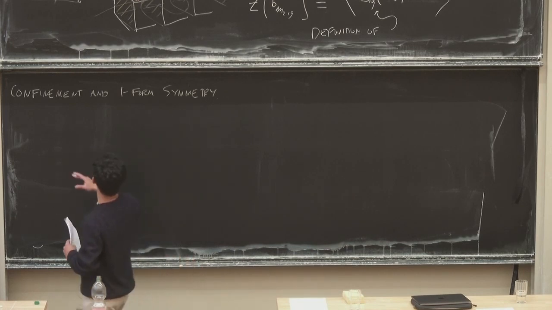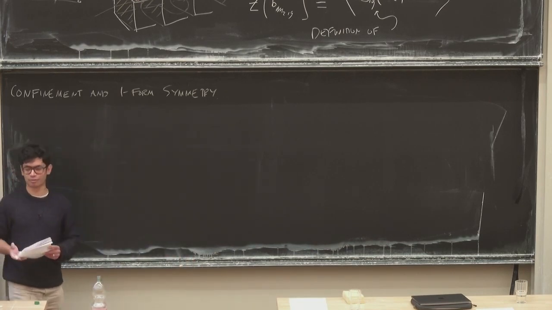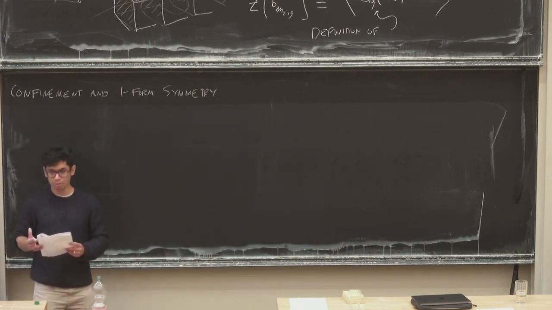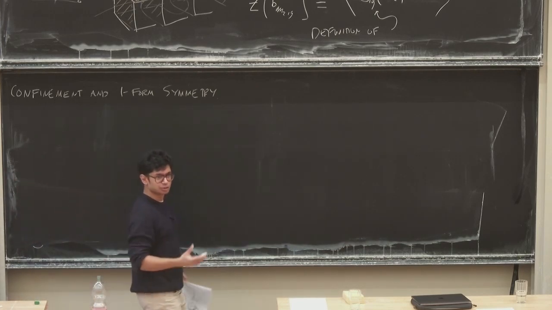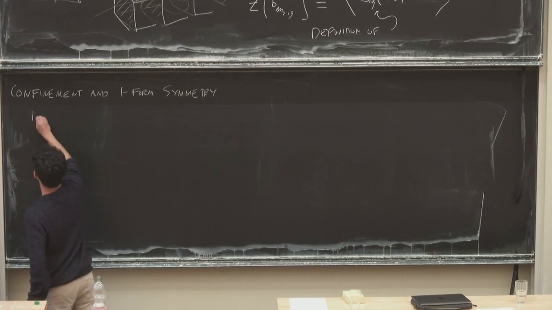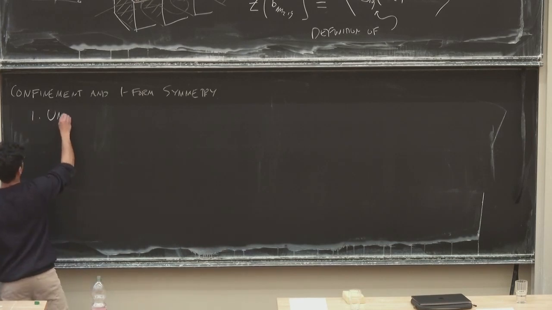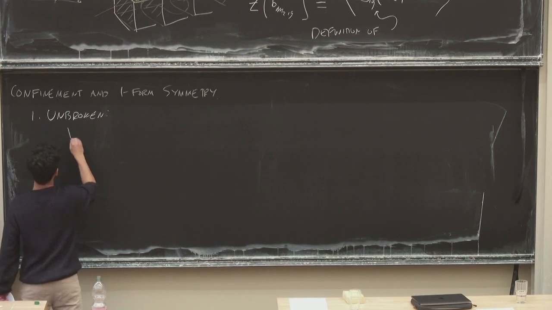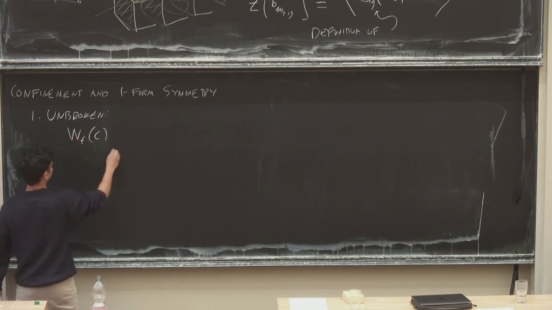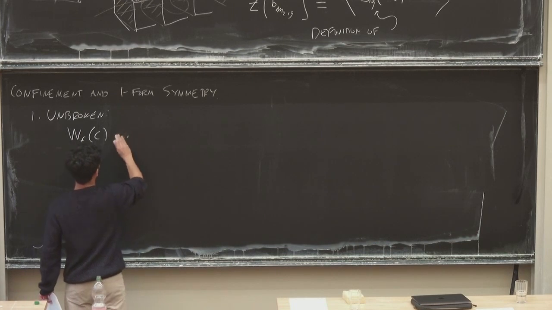Anyway, so now that we know we have the one-form symmetry, we should now ask about the different phases. Okay, and by now we're really experts at this game, right? There are two phases. Number one, the symmetry is unbroken. What that means is the charged object, W_F of C, the Wilson line in the fundamental, has an area law.